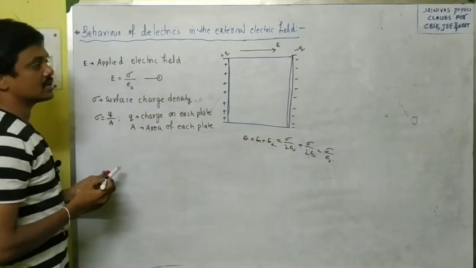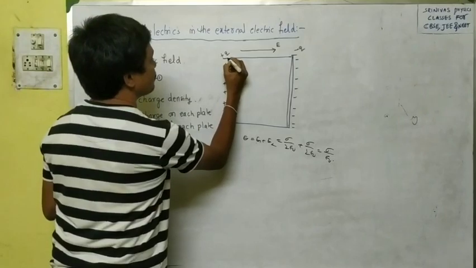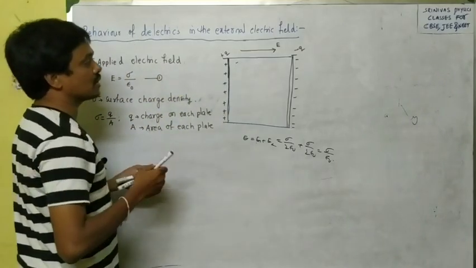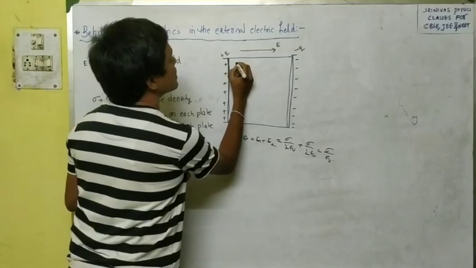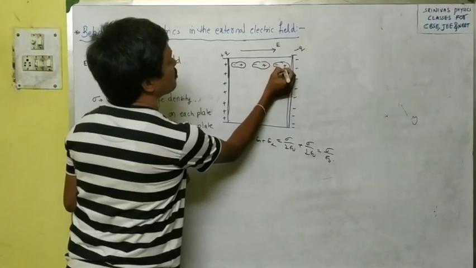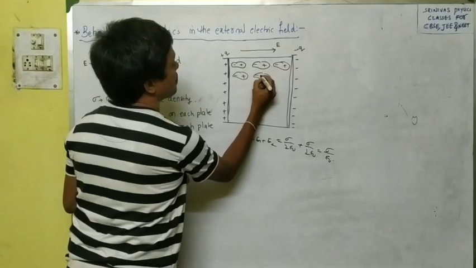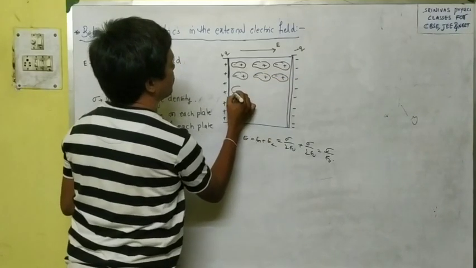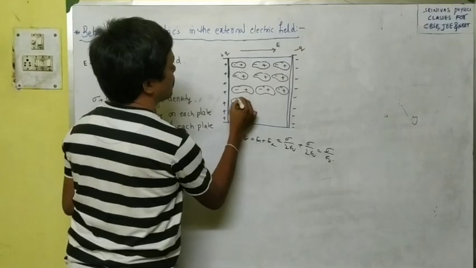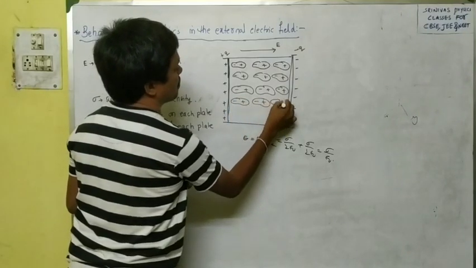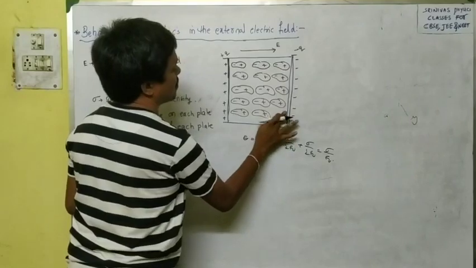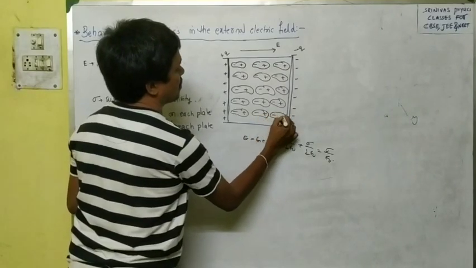When we place the dielectric substance in the external electric field, what happens? You already know: the negatives will go one way and the positives will go the other side, so the charges are displaced like this. Negative, positive, negative, positive.